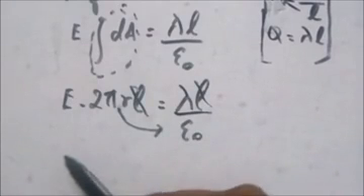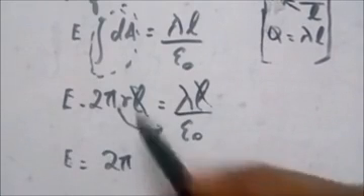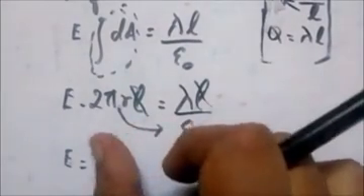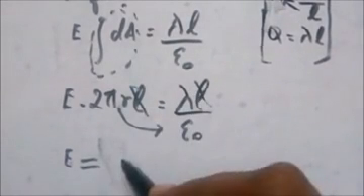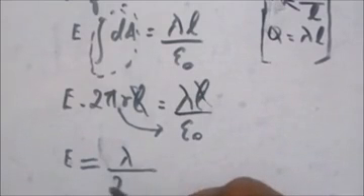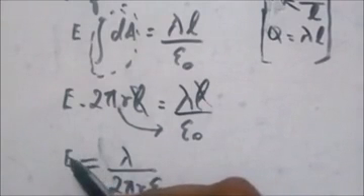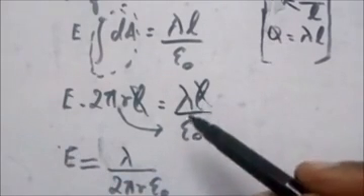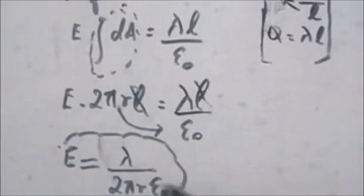So electric field is equal to lambda by 2 pi R epsilon naught. This is the formula for the electric field due to an infinitely long charged wire. E is equal to lambda by 2 pi R epsilon naught.